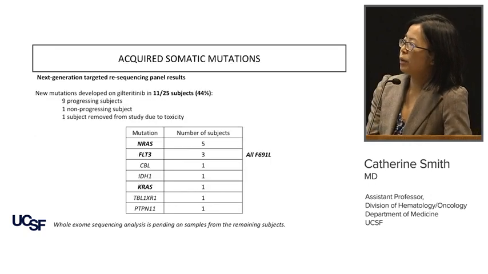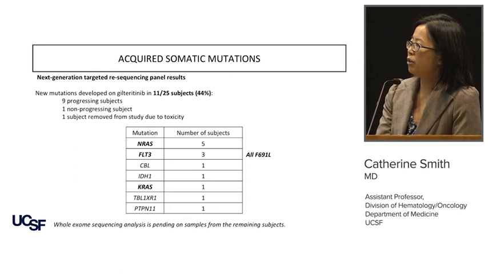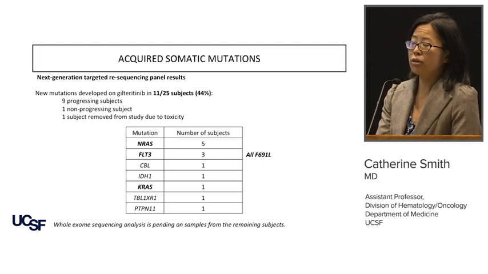And sequencing of 25 subjects identified new mutations at the time of progression in about half of subjects using a targeted next-generation sequencing panel. And interestingly, only a small subset of the mutations identified were within FLT3 itself, suggesting that most of the resistance mechanisms to this next generation FLT3 inhibitor were going to be more off target.